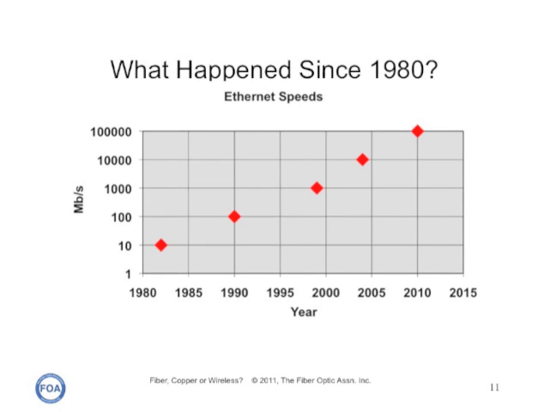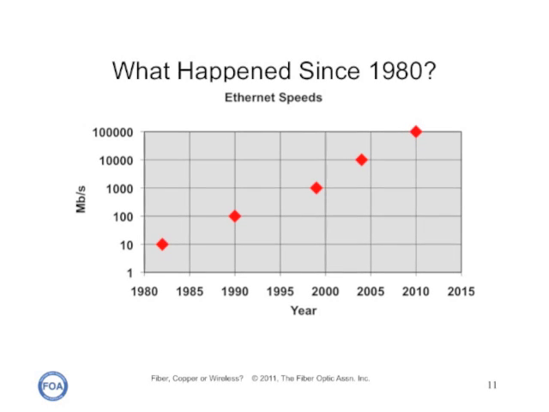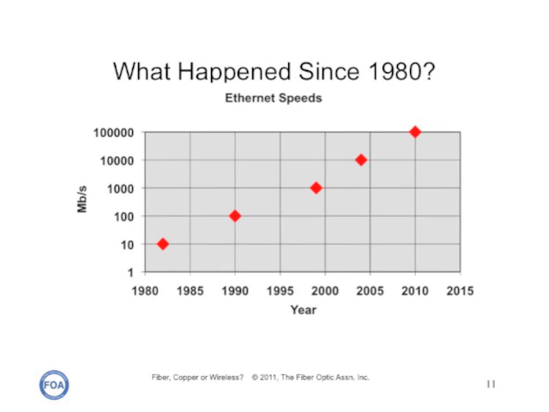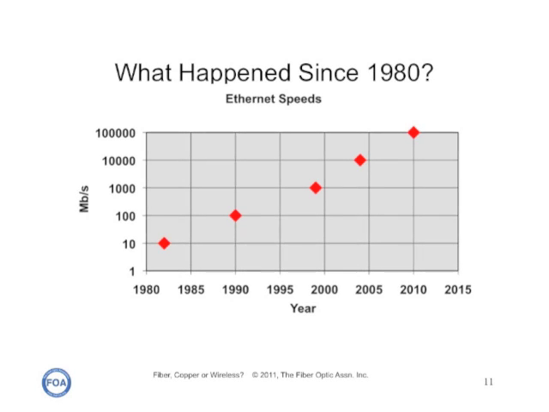But since the beginning of local area networks, Ethernet speeds have gone up by an order of magnitude, typically less than every 10 years. So we've gone from 10 megabits per second in the 1980s up to 100 gigabits per second today.